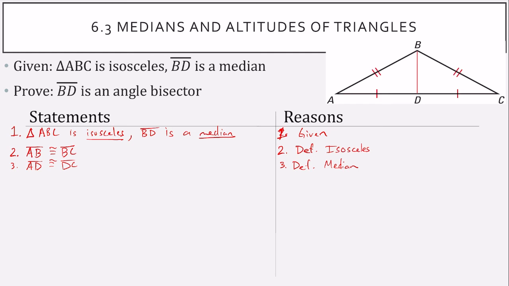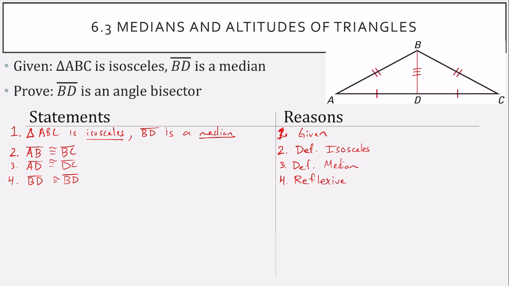Maybe we could say that they're congruent somehow. We have two pieces that are already marked. Is there another thing that we know is congruent between the two triangles? That's right, they share side BD. So since they share it, we can say BD is congruent to BD. And if it's exactly the same thing, that is reflexive.